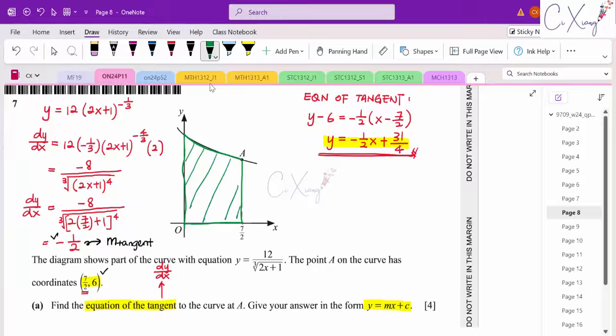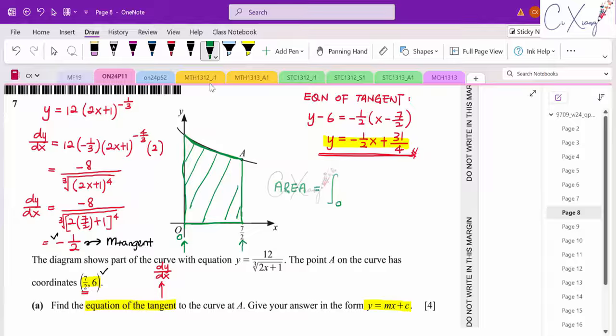When you want to find any area under the graph y, we need to involve integration. So how can I set up the integration? To integrate and get the area, you need to know where your area starts, the limit. Your area starts at this line, x equals 0, so your lower limit will be 0.